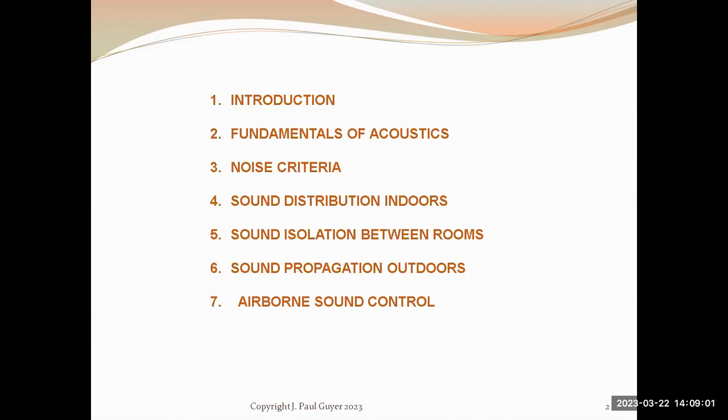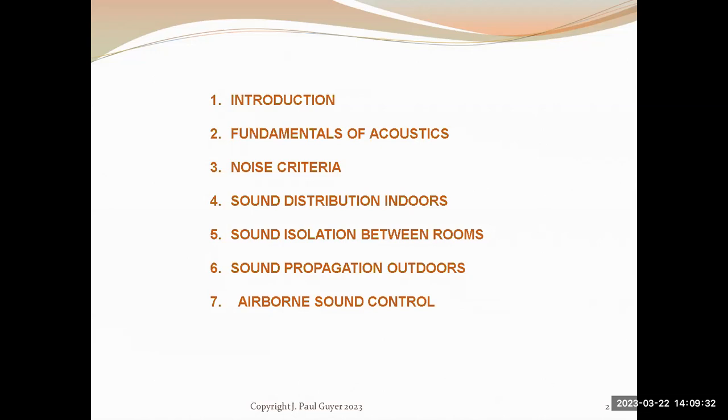And I'll tend to use the simplistic terms, the source room and the receiving room. The source room is the noisy room. The receiving room is the one where you want things to be quiet because of whatever human activity is going on in that room, sleeping, having a conference, listening to a musical performance, something like that.